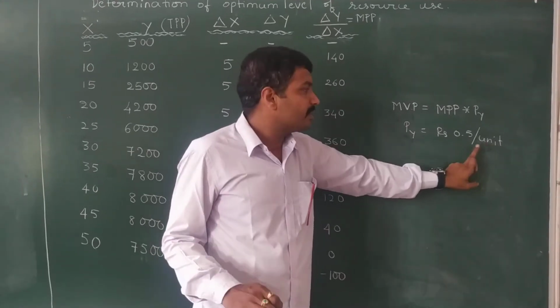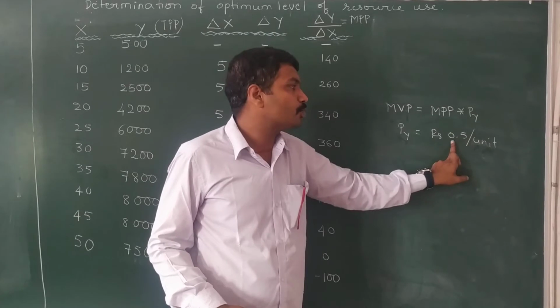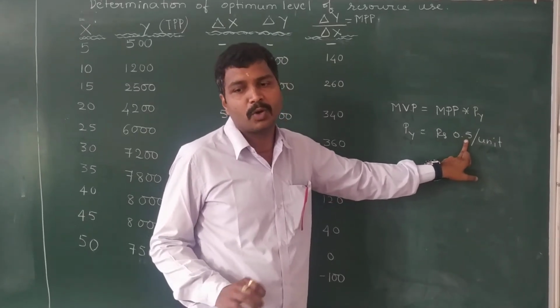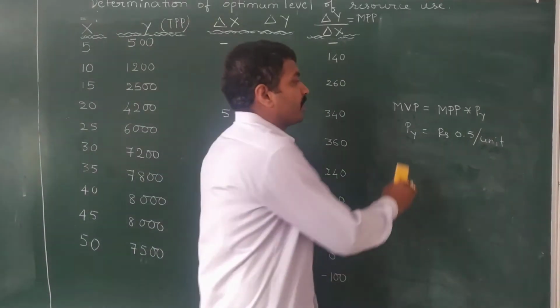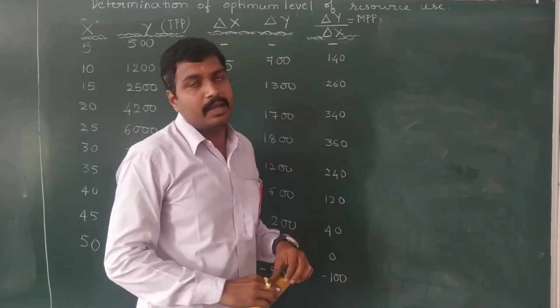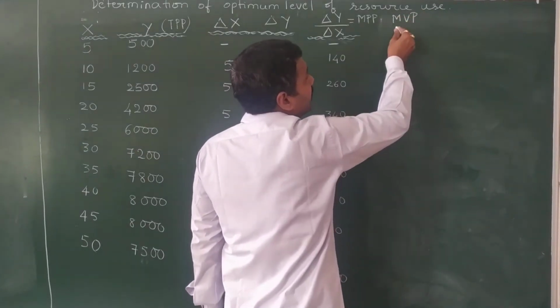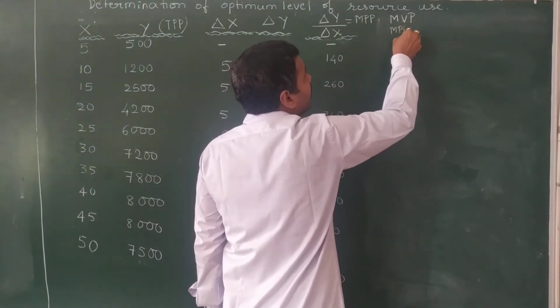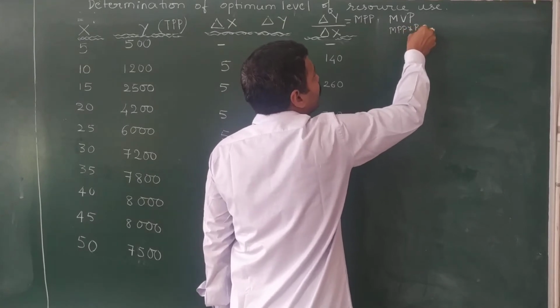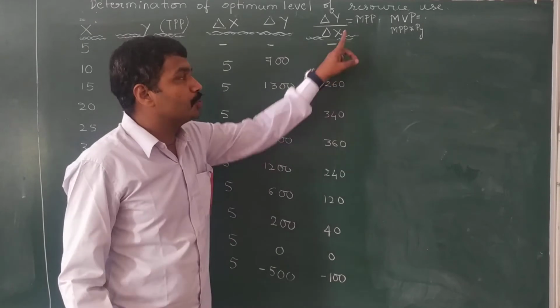For the time being, let us assume that it is expressed in some unit and per unit it is 0.5. With the help of this, we will determine MVP. So MVP is nothing but MPP into price of output. This new column you need to create now.